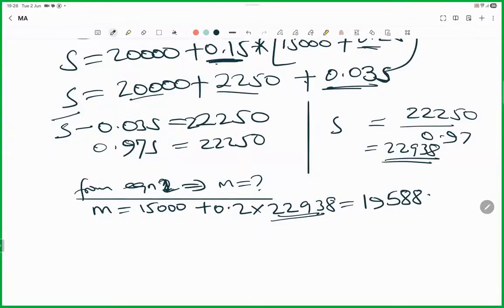Yes, that is S, only that my handwriting is very bad. So now we have everything, ladies and gentlemen.